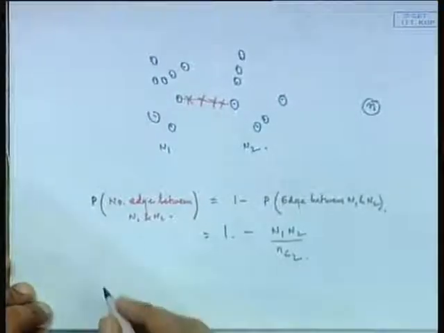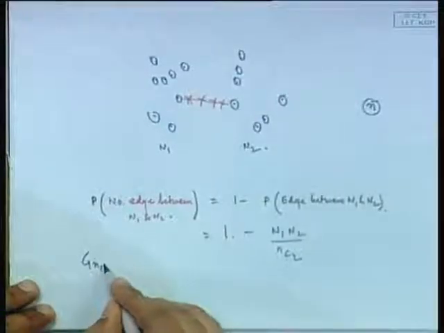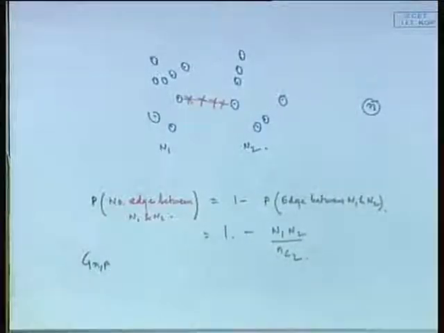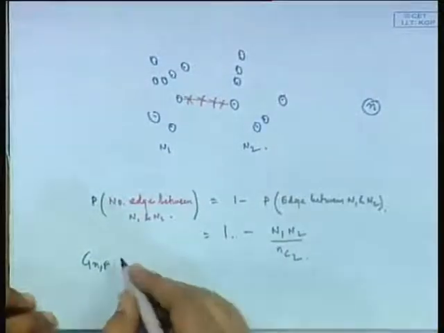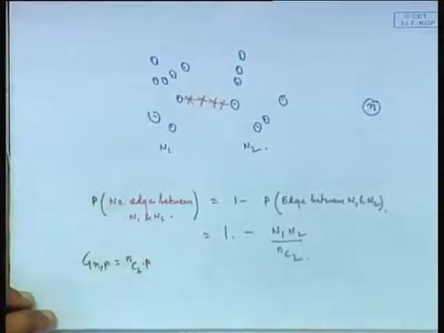And how many edges do you form altogether in a G(n,p)? N C 2 into p, or n minus 1 C 2 into p, whatever you want to say. These are the total number of edges you form.